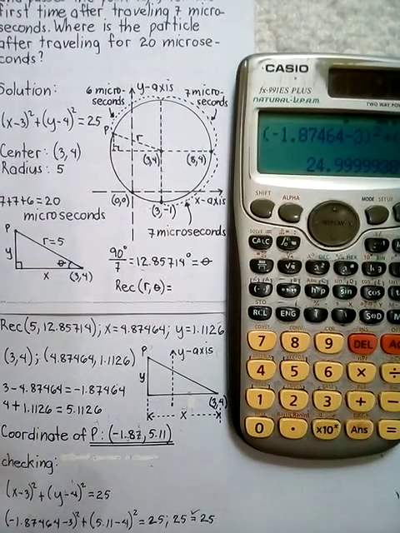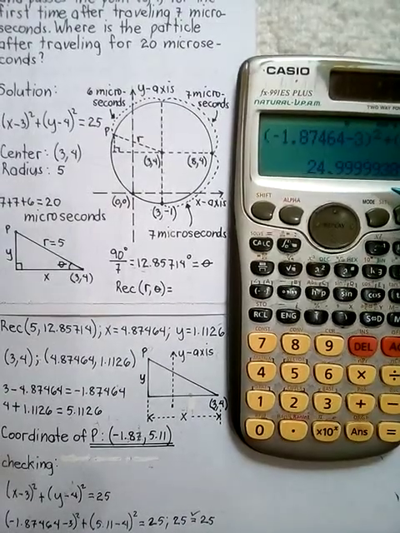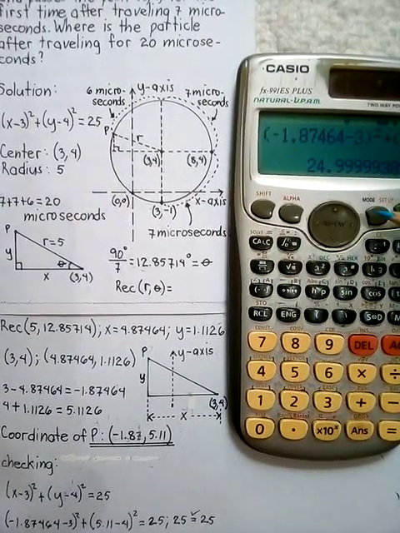We will get 24.99999, which is very nearly 25.